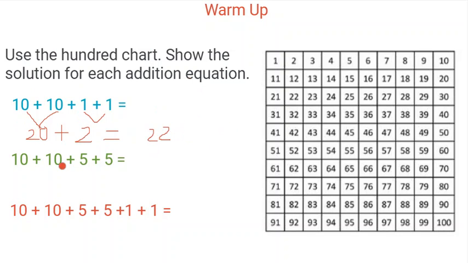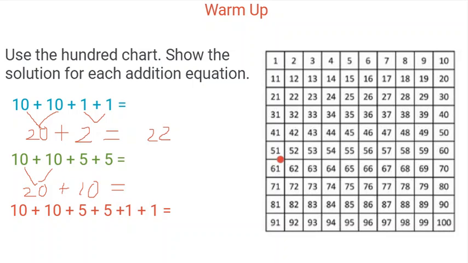Let's look at the next problem here. Now recall, 10 plus 10 is 20. And hopefully you remember your fives: 5 plus 5, or your doubles. Remember 5 and 5 make 10. Here we go. And that equals a number.